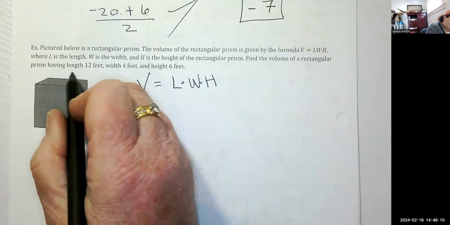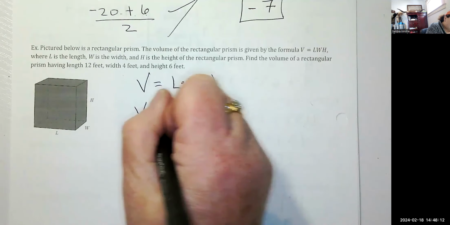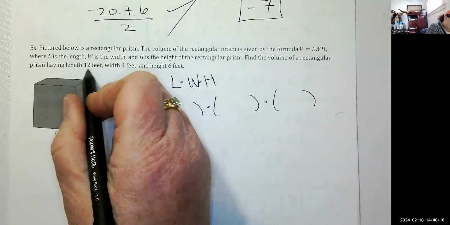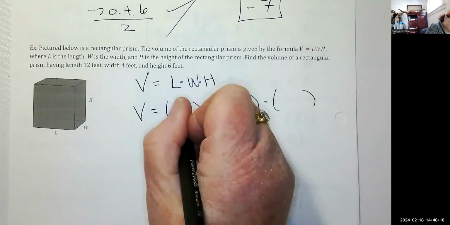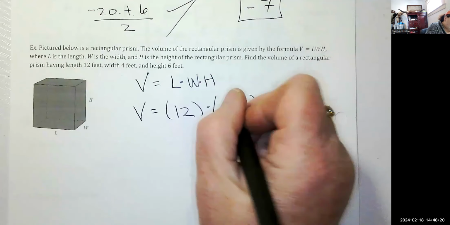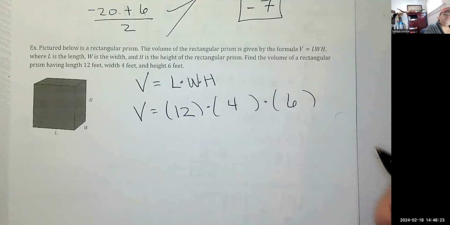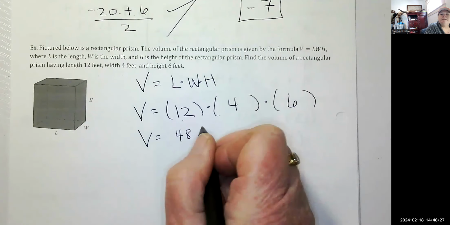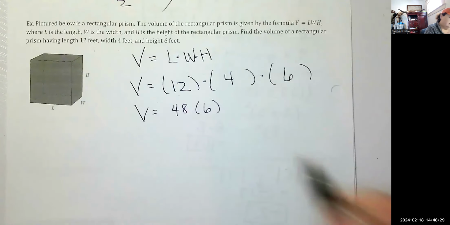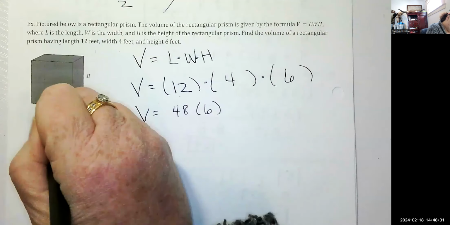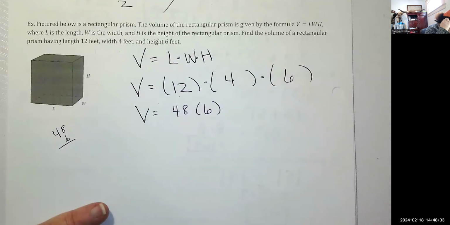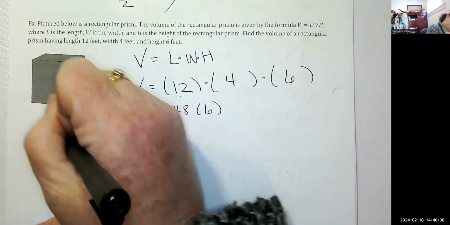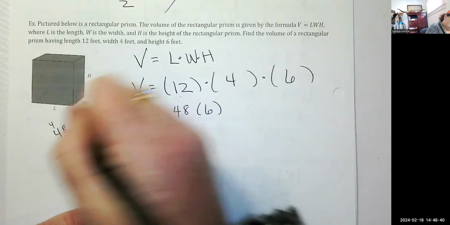And here they're telling us the length, I'm going to just replace these with 12 feet for length, so 12. The width is 4, and the height is 6. All right, so the volume is 12 times 4 is 48, times 6. 48 times 6 is, 8, 4, 5, 6, 7, 8, 20 is 288.